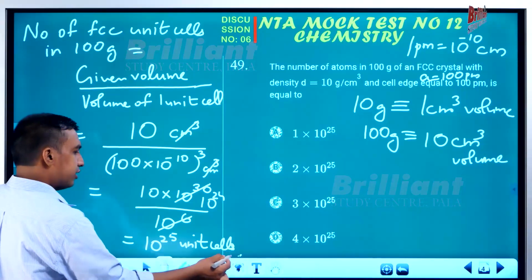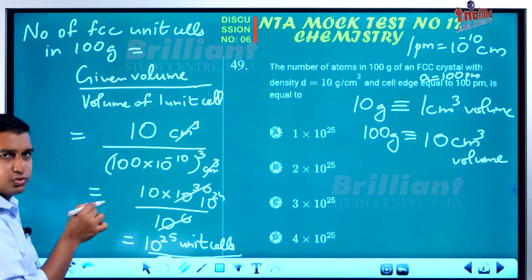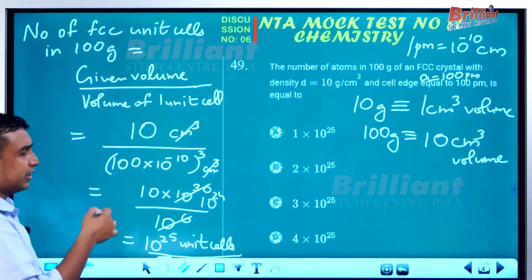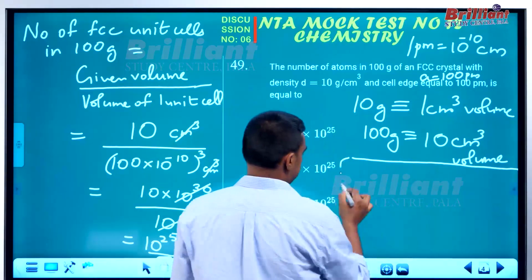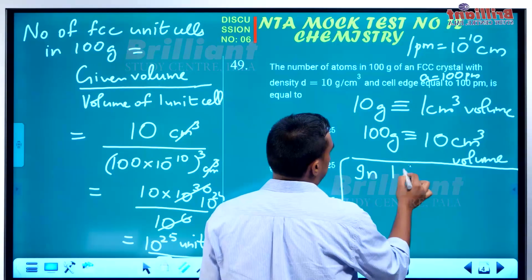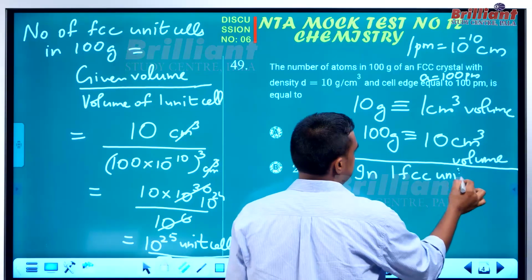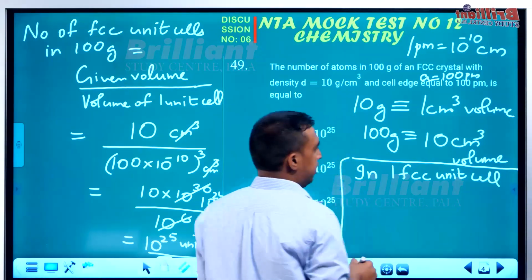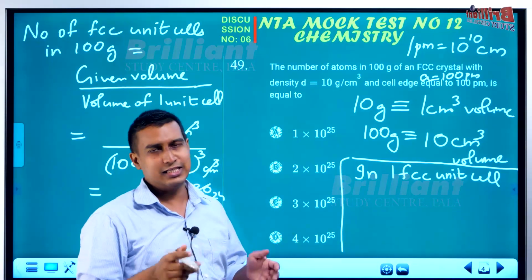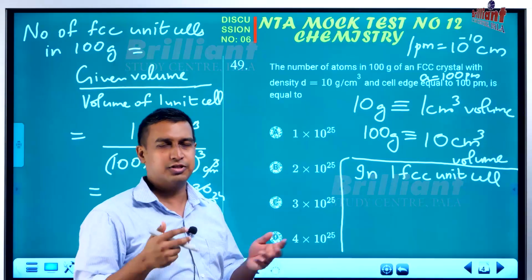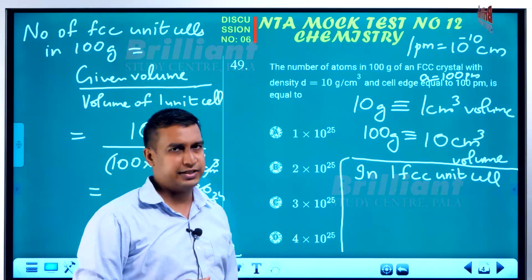I have only got the number of unit cells. But what is asked is the number of atoms. But I know one thing. In one FCC unit cell, how many atoms are there? There are 4 atoms. In solid state we have learned FCC has 4, BCC has 2, simple primitive has 1.